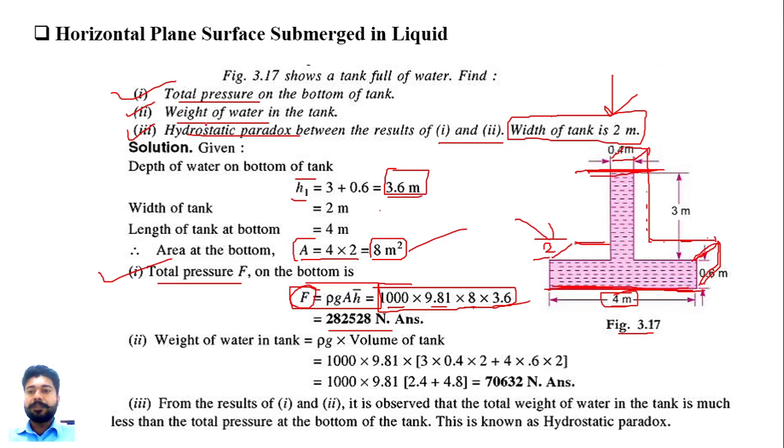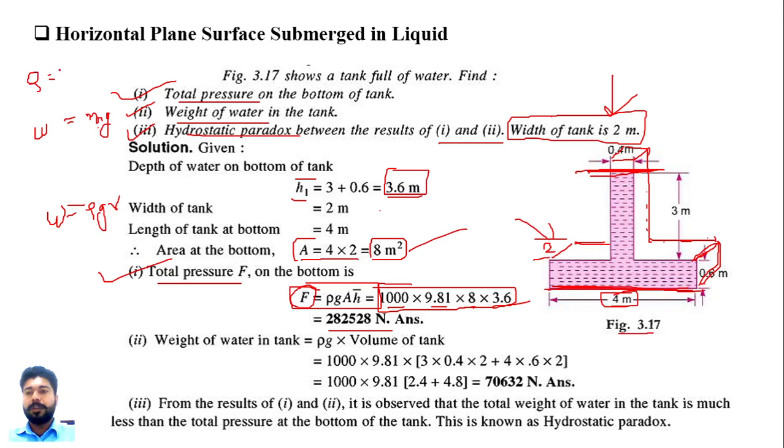Next, we have to find the weight of water, and the weight W equals rho g V. We know that weight is nothing but mass into gravitational acceleration.